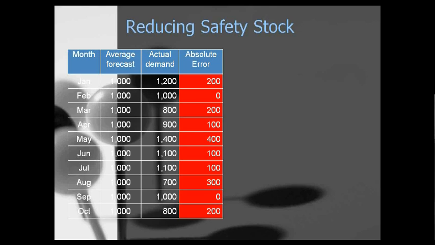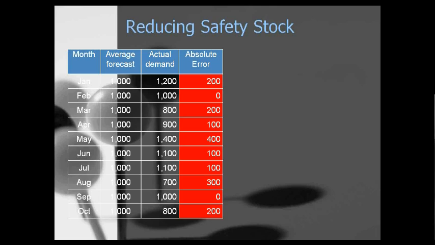Possibly the forecasting tool was based on stable demand with normal variation, and now we've got demand that is trending up or trending down. So they need to change their tools. So reducing the error of the forecast would reduce the standard deviation or the mean absolute deviation, and it would also reduce the amount of safety stock that you carry.